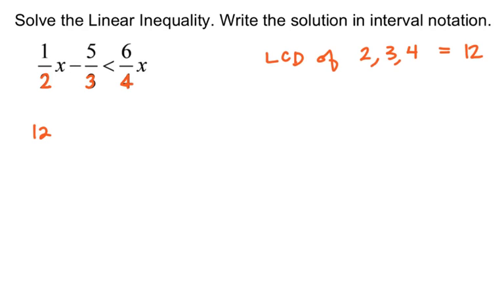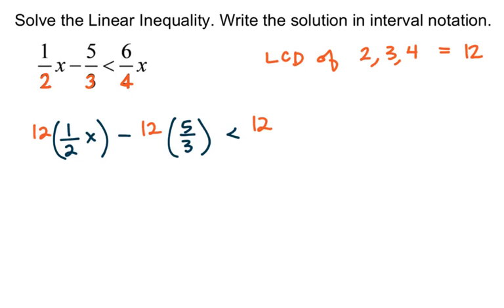So we have 12 times 1/2 x minus 12 times 5/3 is less than 12 times 6/4 x. So you'll notice that each of these numbers now goes into 12.